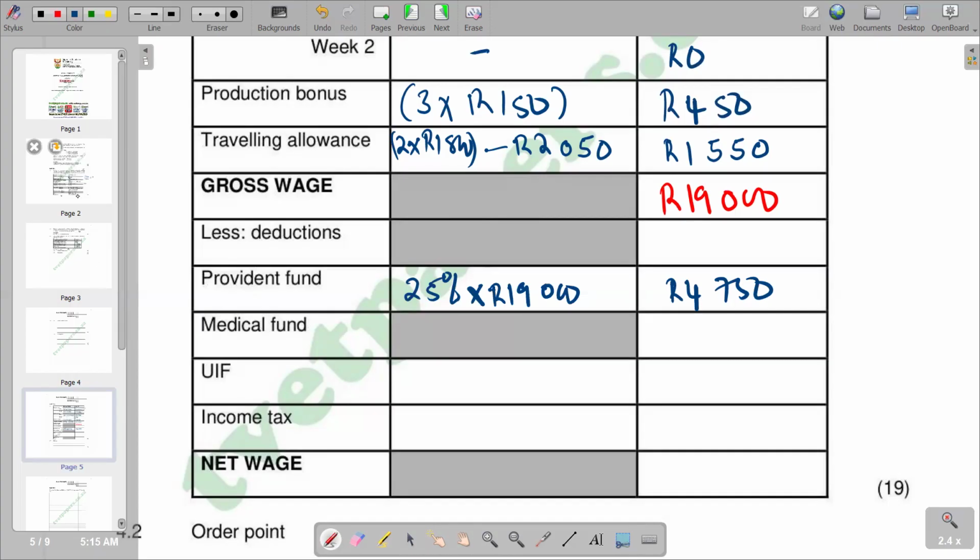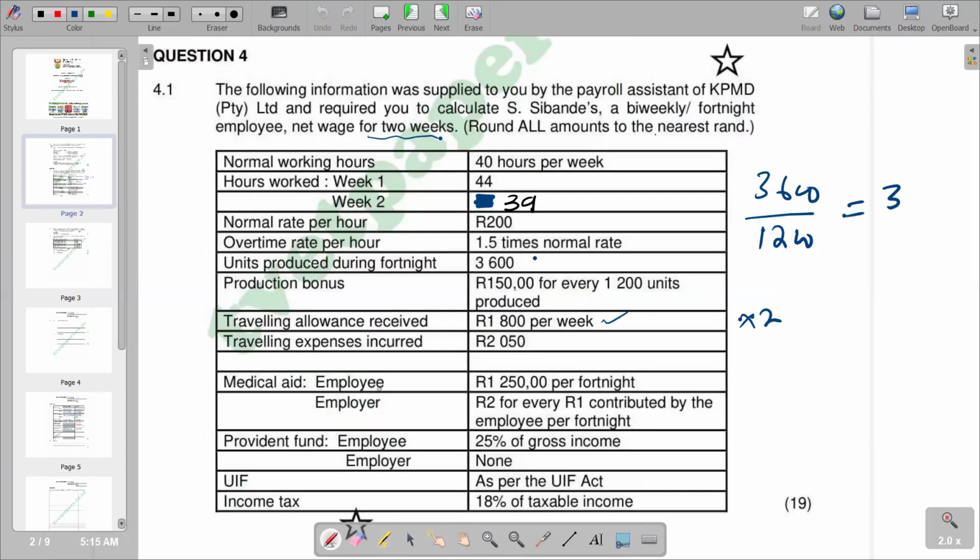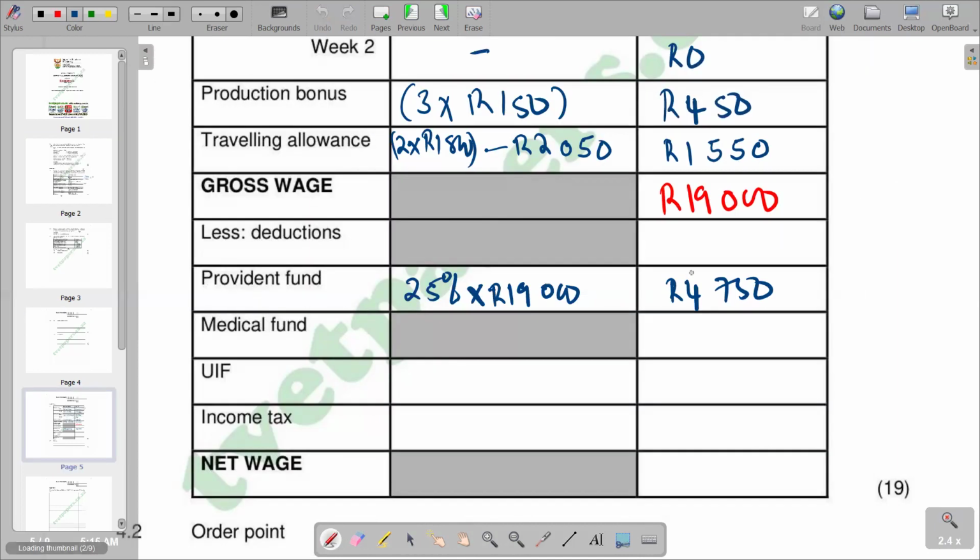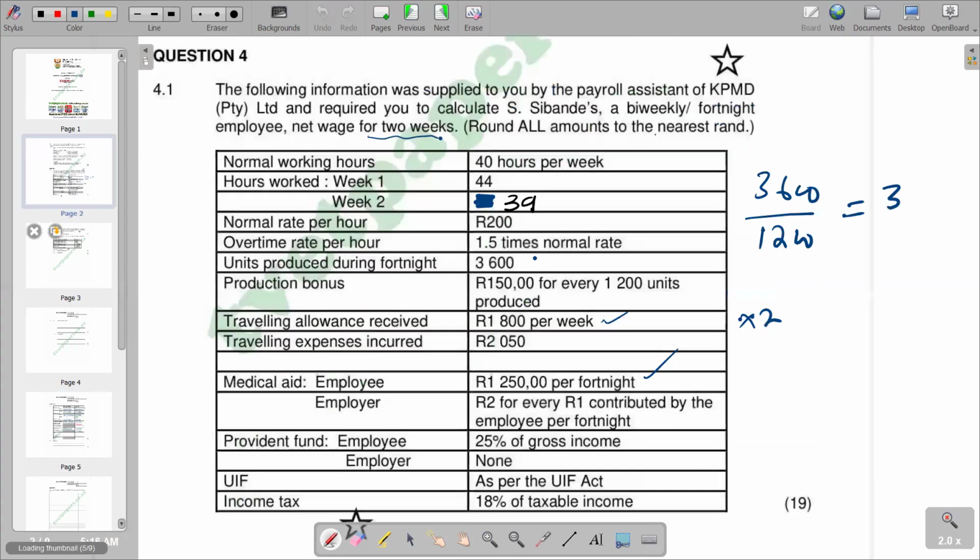And then we go to medical fund. So medical fund employee 1,250. So these are medical aid, which is for 2 weeks. So we take 1,250 as it is for medical aid. Then we check what the person is saying about UIF as per the UIF Act.